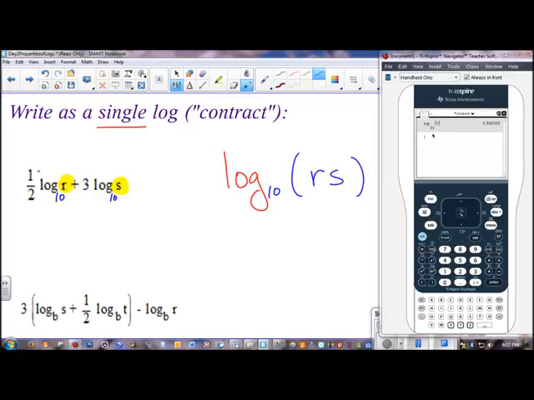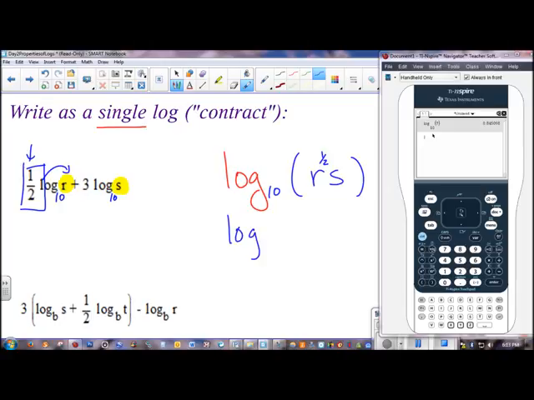And now the last thing we want to take a look at is that 1/2. In the expanded version you have coefficients, but in the contracted version they go on up as exponents. So I can write R to the 1/2 up here, but keep in mind that you're not allowed to have fractional exponents. So the fact that this was a fraction means I'm going to have to turn that all into a radical.